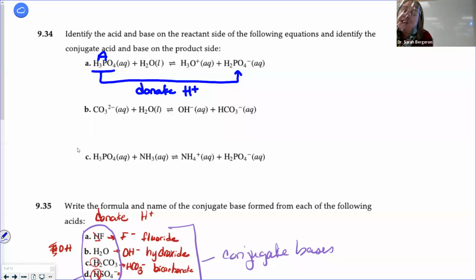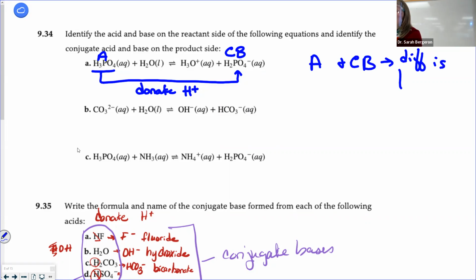Now, when we go to H2PO4 minus, are we now an acid? No. Now we could go in the opposite direction and pick up a hydrogen. So what are we? We're a base, but we don't just call it a base. We call it the conjugate. So when you compare an acid and a conjugate base, the difference is 1 hydrogen, right? So do the same thing with water.